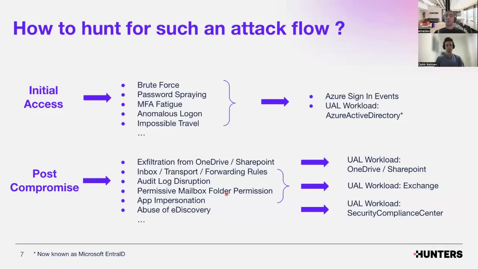For that, we are going to use various workloads under the 365 Unified Audit Log. We will look at the OneDrive and SharePoint workloads, the Exchange Online workload, and also the Security Compliance Center, which provides us events on e-discovery activity.